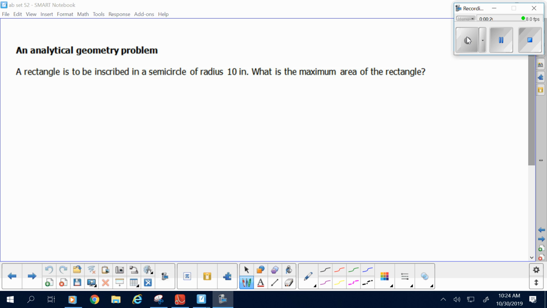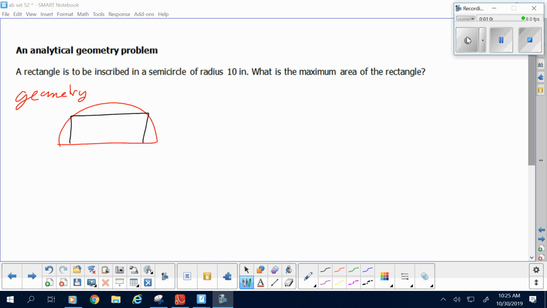On a problem like this, it makes it a lot easier if you use analytical geometry, not geometry. Now, that might be difficult if you don't know what analytical geometry means. When I say analytical geometry versus geometry, I'm saying that when you do this question, a rectangle is to be inscribed in a semicircle. To just do some kind of floating circle with a rectangle inside, that's just geometry, right?